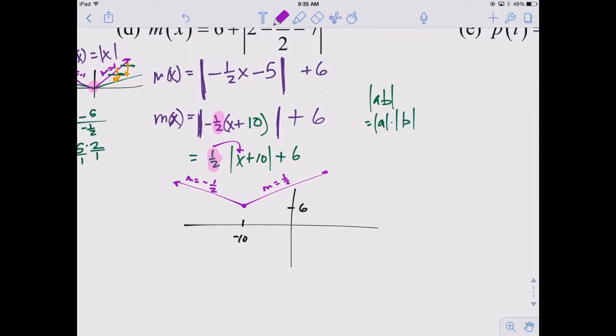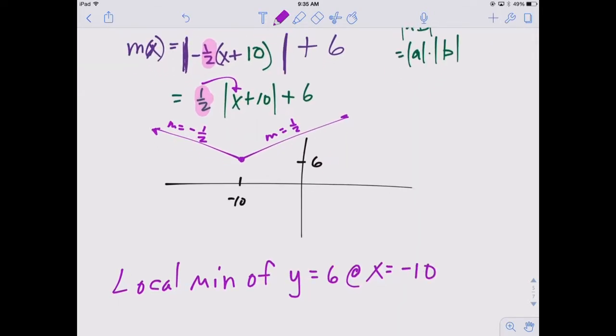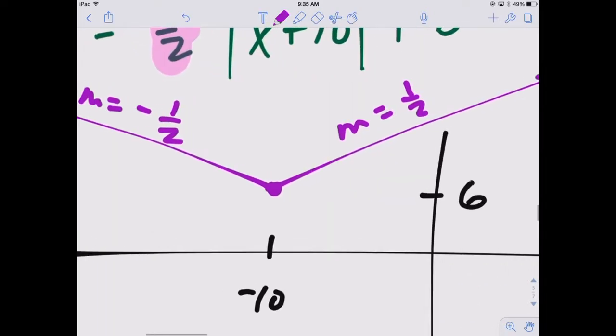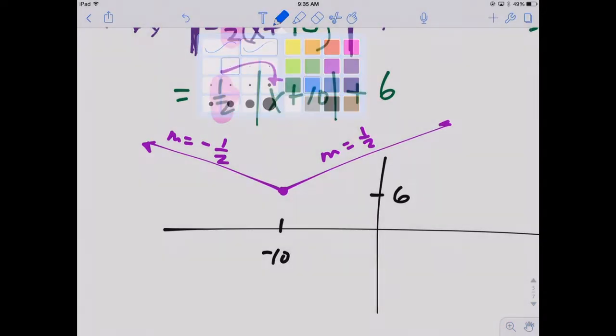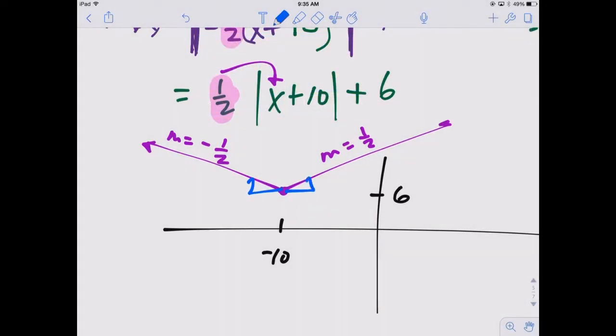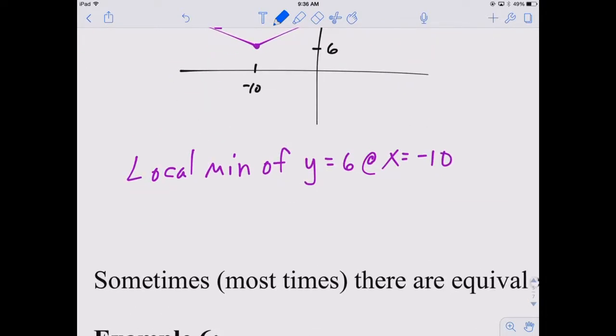All right. From there, we can get domain and range. Do we have a local min? Yeah, we have a local min of what? Yeah, y equals 6, and it's at x equals negative 10. Now, not only is it just a local min, right? If you zoom in, it's locally the minimum because to the left you have higher values and to the right you have higher values. So it's not just the local min, it's also the what min?